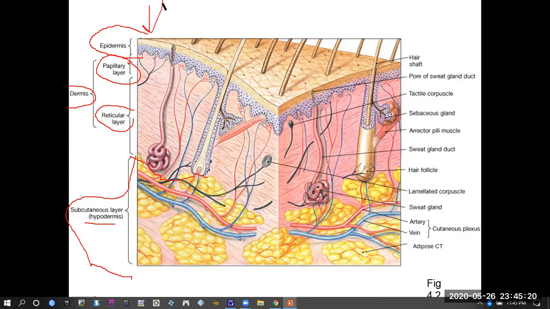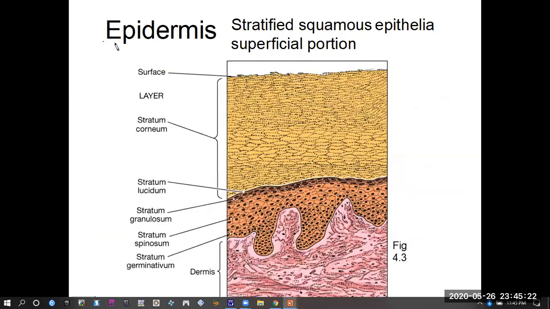So we'll start at the surface with the epidermis. And by and large, the tissue we find in this area is stratified squamous epithelium. And it's considered to be the keratinized or dry type of stratified squamous epithelium.